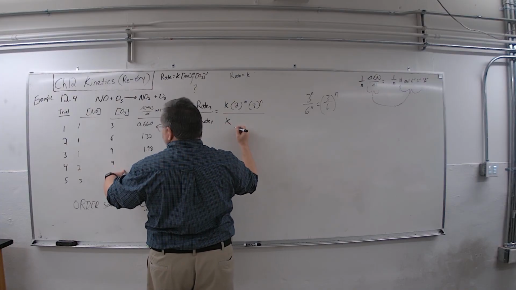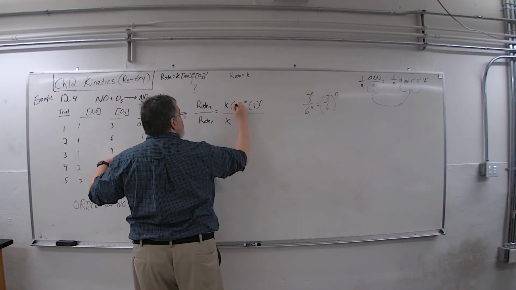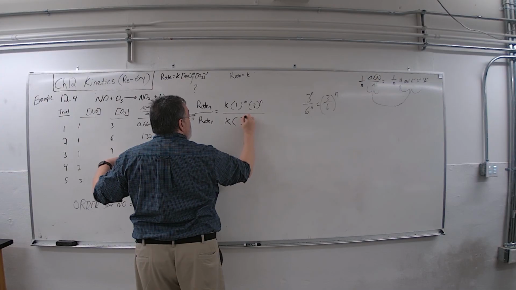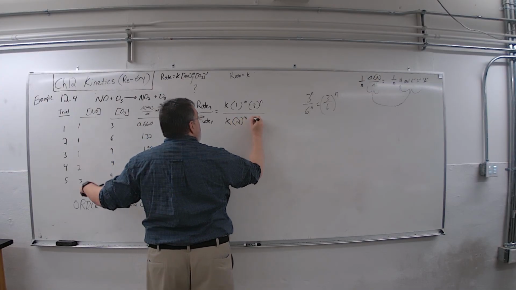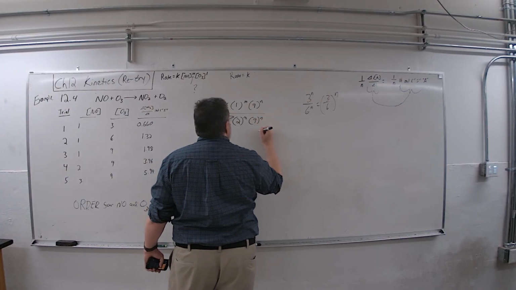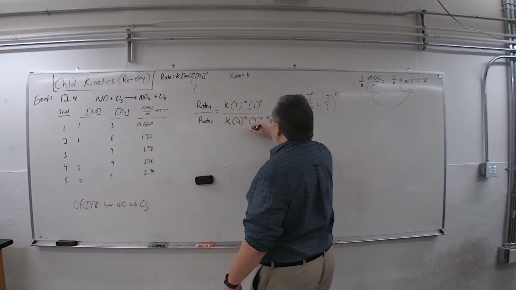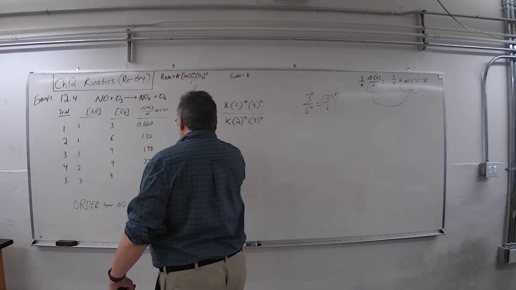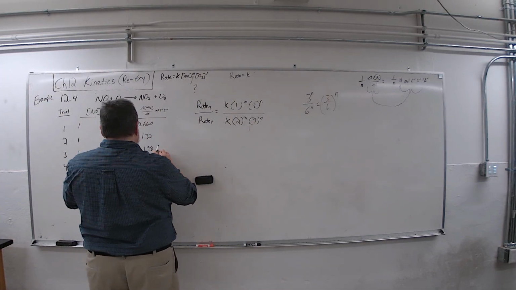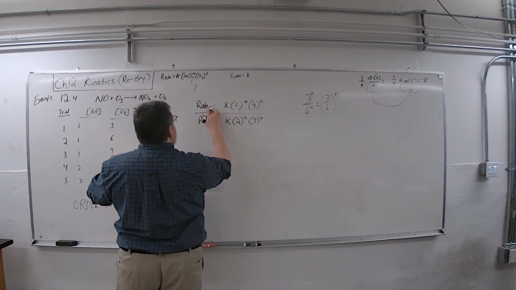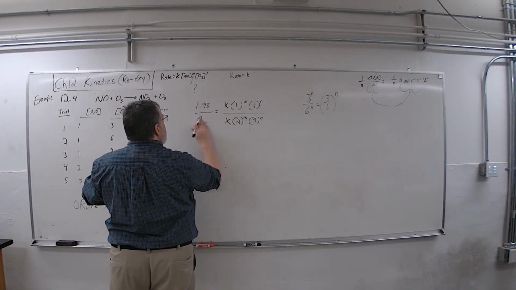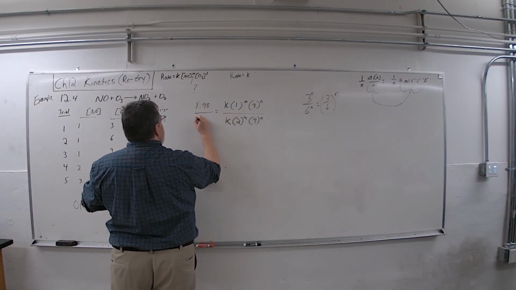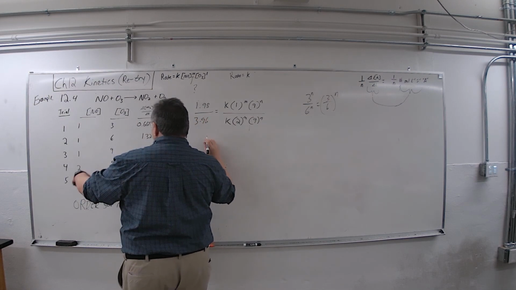No, this is 3. Whoops, that's 3. And that's 4. Now, that cancels out. Rate is 3 and 4, 1.98. 3.96 for 4.